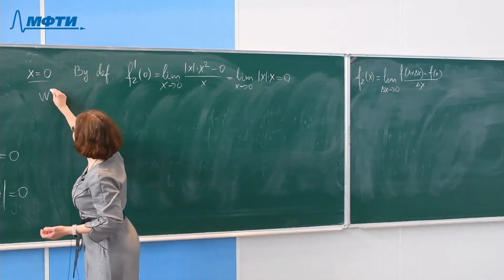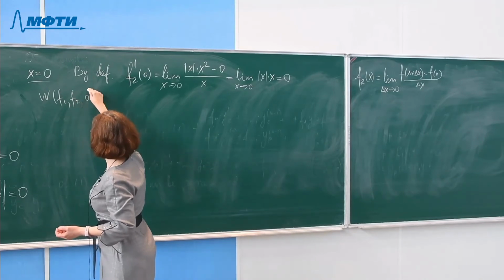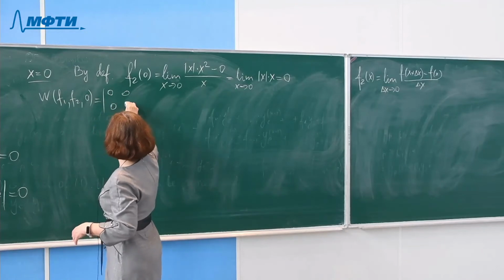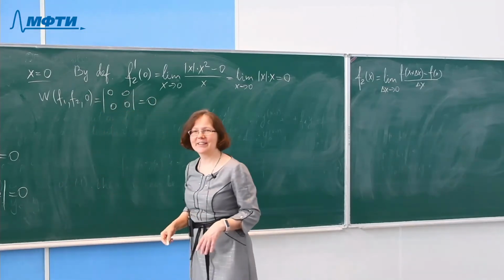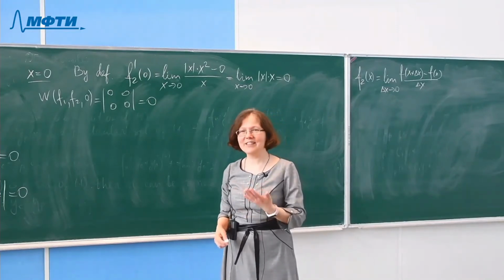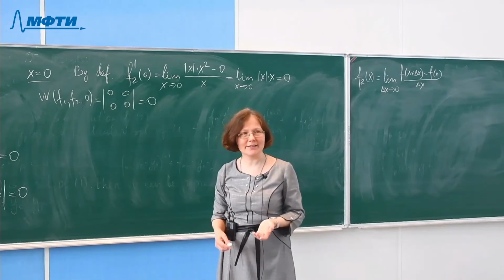Then the Wronskian of these two functions at the point 0 will be equal to 0. So the Wronskian vanishes identically on this interval, but the functions are not linearly dependent.